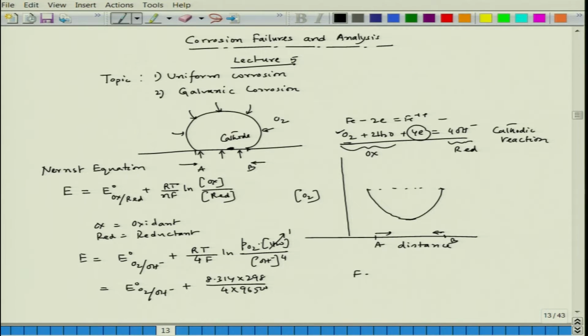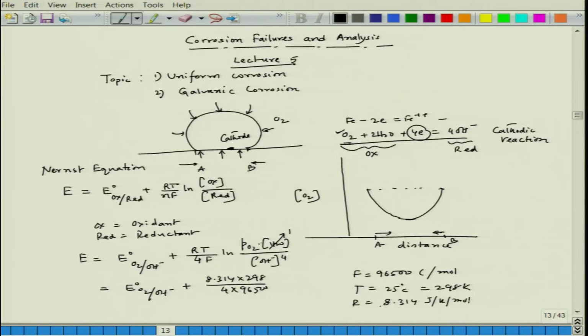F is 96500 coulomb per mole of electron, 298 is the ambient temperature, 25 degree Celsius, which is 298 Kelvin, and R is the universal gas constant, 8.314 joule per Kelvin per mole.